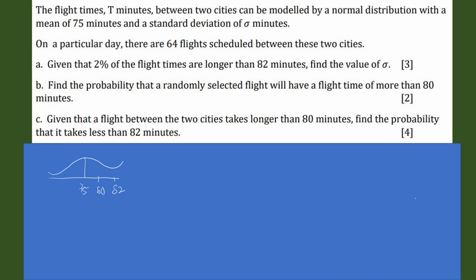It says given that the flight takes longer than 80 minutes. What is the probability that it takes less than 82 minutes?